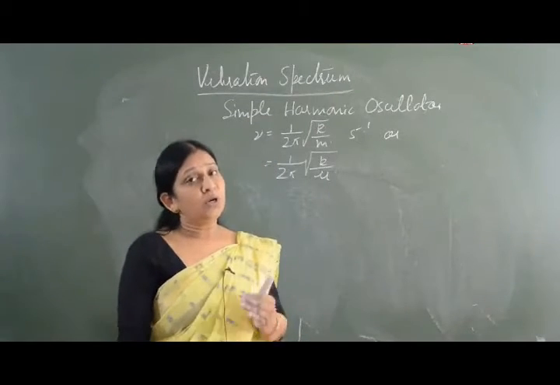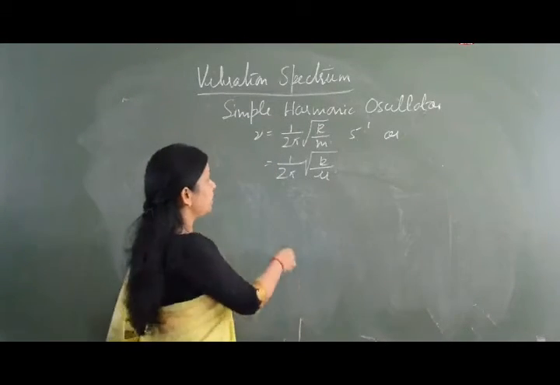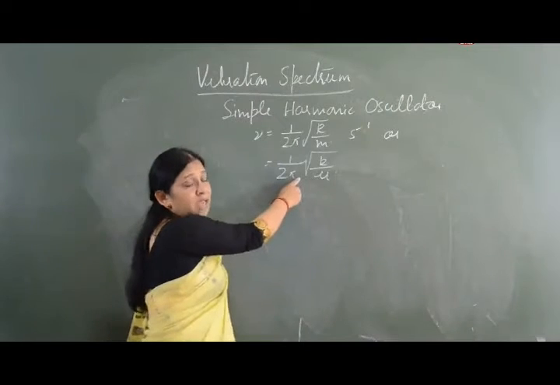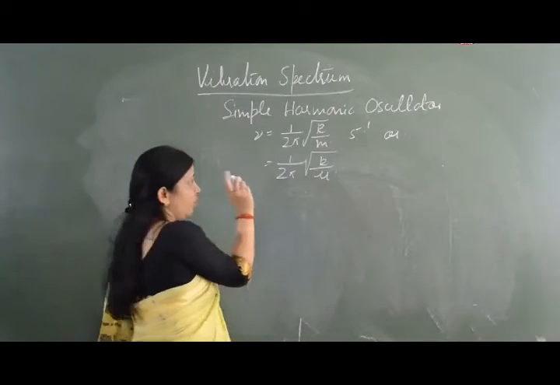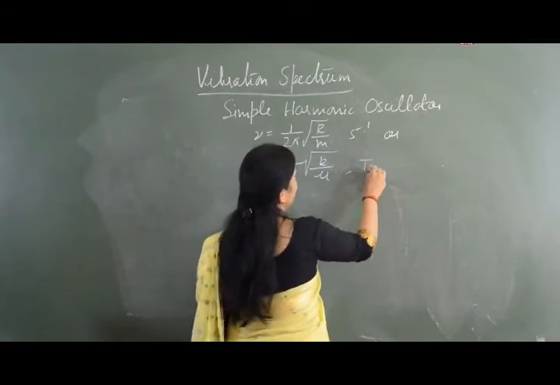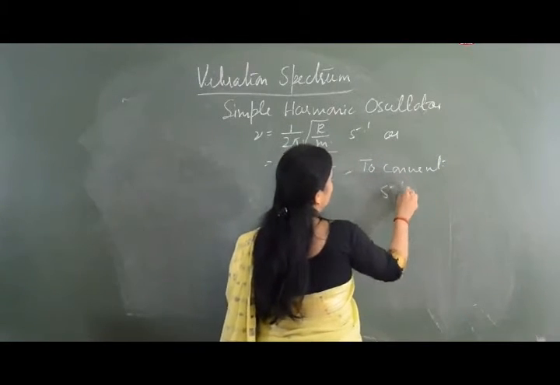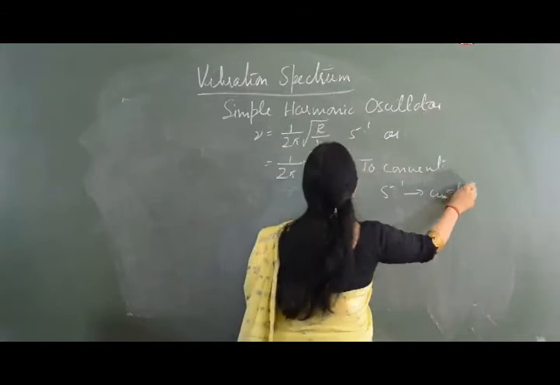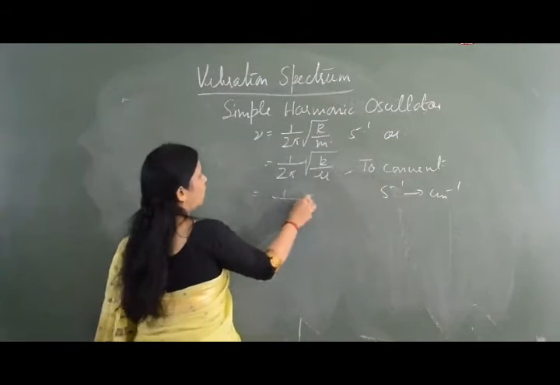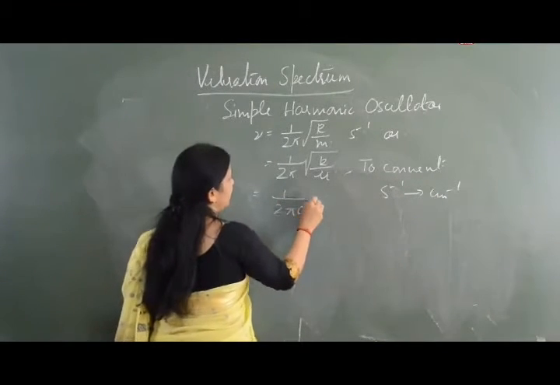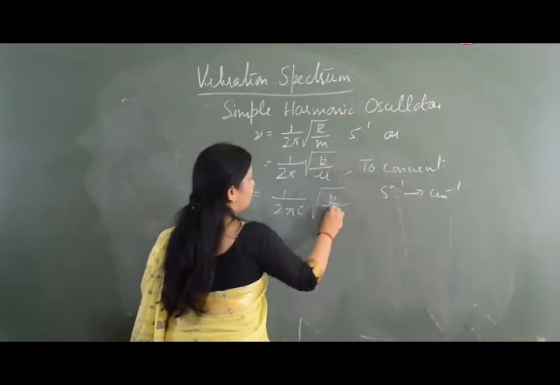If we have to convert it into centimeter inverse, then we divide by c, which is the velocity of light. So to convert second inverse into centimeter inverse, I write 1 over 2 pi c under root k over mu.